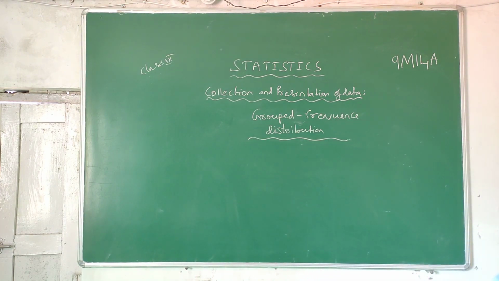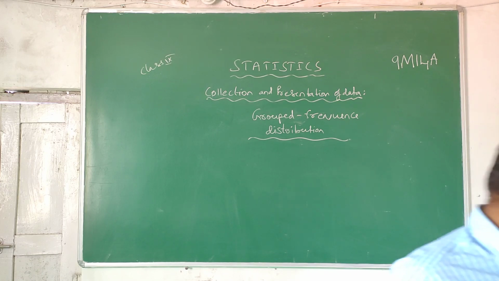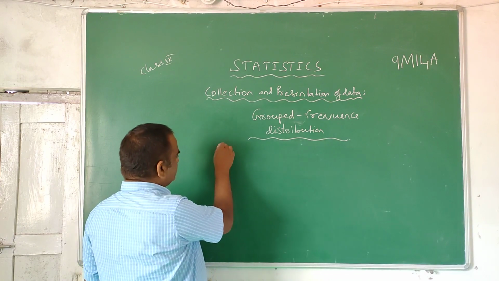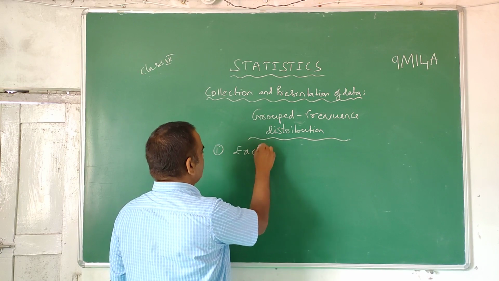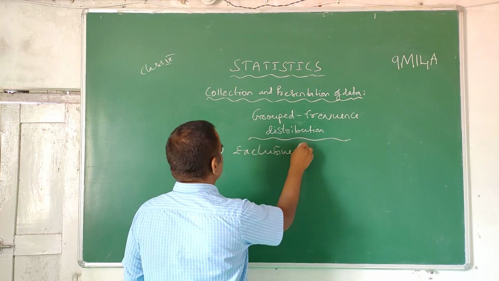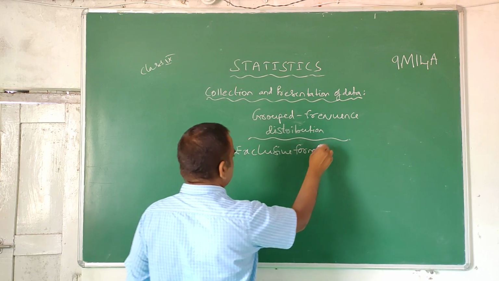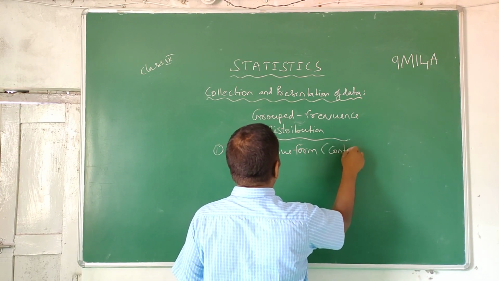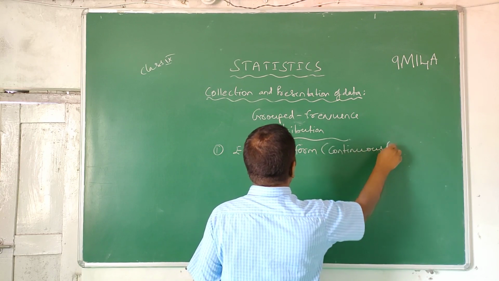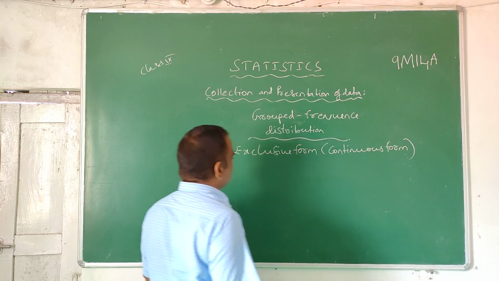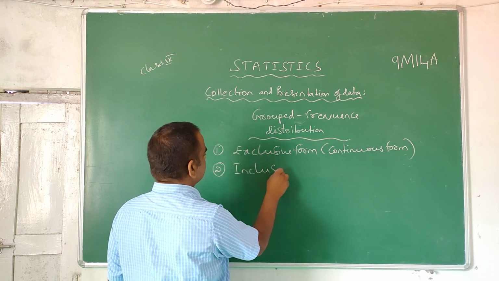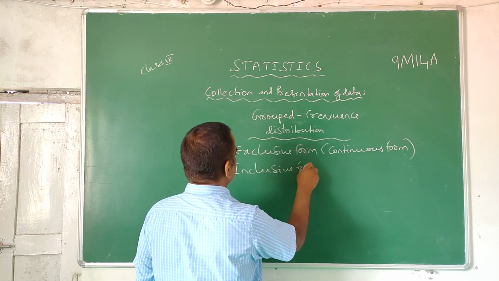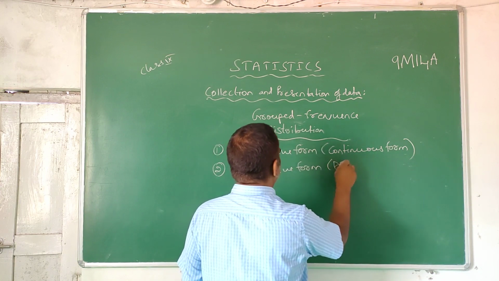Now we are going to discuss various grouped frequency distributions. There are two types of grouped frequency distributions. One is exclusive form, also called continuous form. I'll explain what these forms are. Next, inclusive form, the discontinuous form.